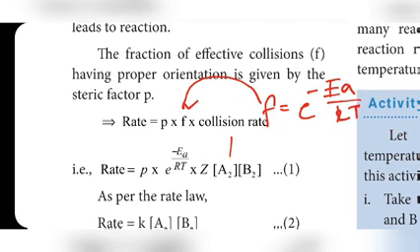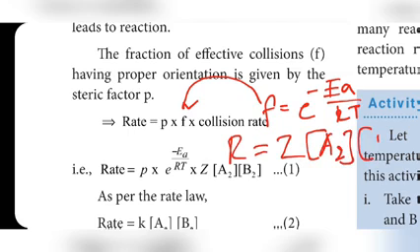And we learned one more formula: rate is equal to Z into concentration of A2 into concentration of B2. So the rate depends on P, the steric factor here, and F, the fraction of effective collisions, that is the collision factor, into the collision rate.